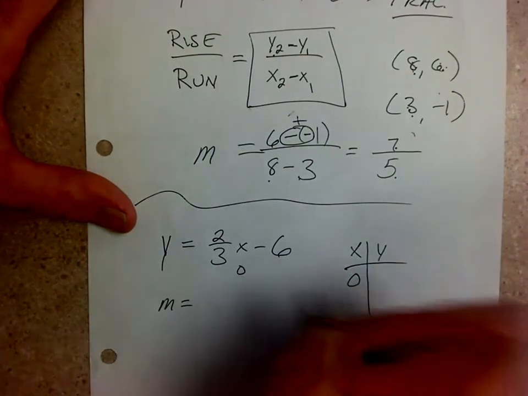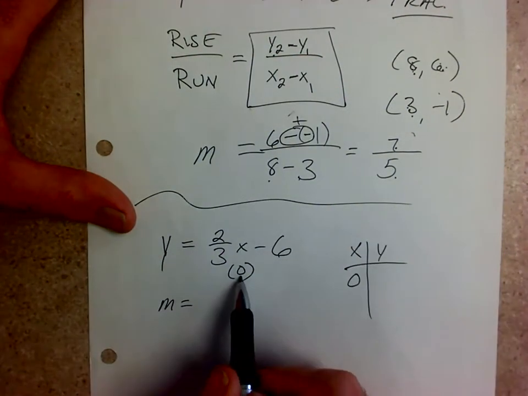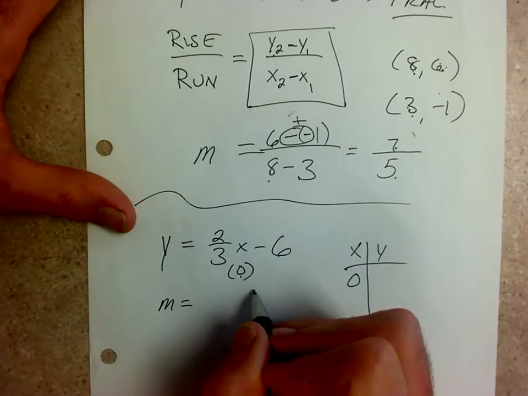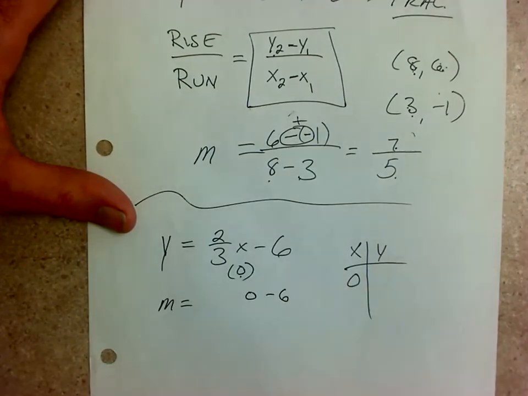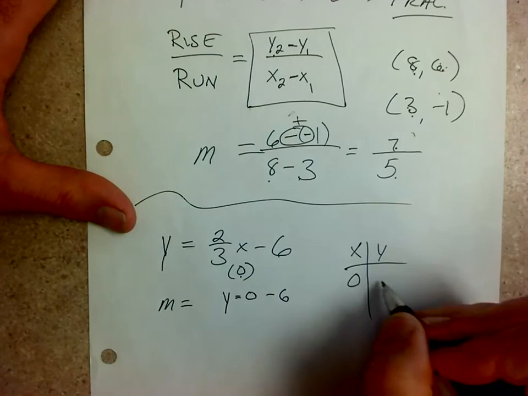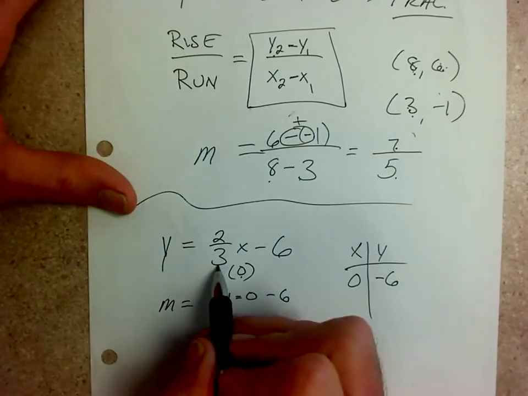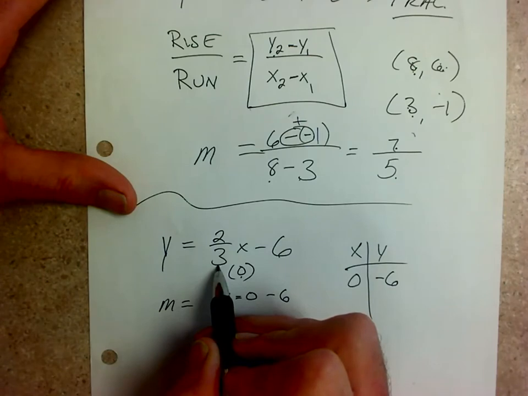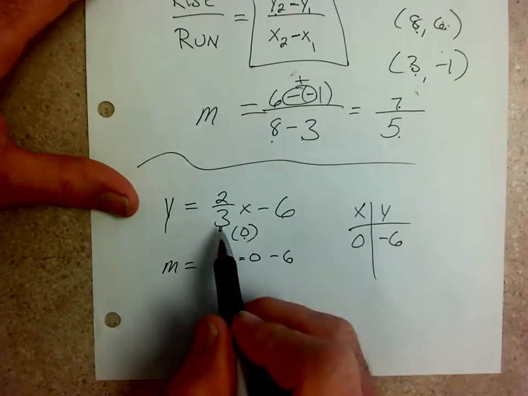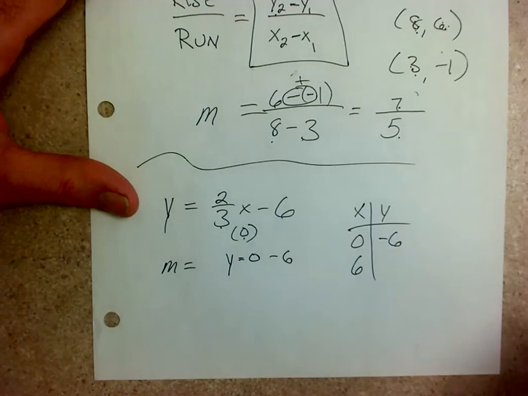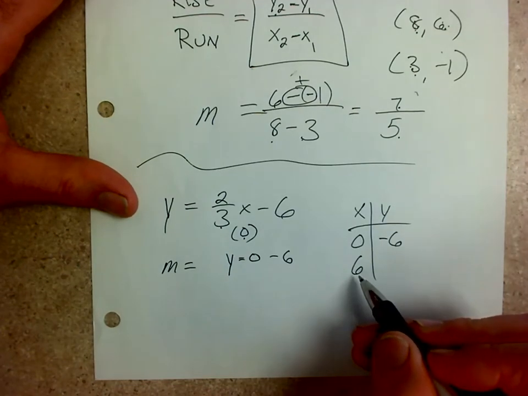So if we guess a 0 here, 2/3 times 0 is 0 minus 6, so that gives us a -6. Remember, when we have fractions in our equations, the denominator is our clue. Since it's a 3, our next guess should probably be a multiple of 3.